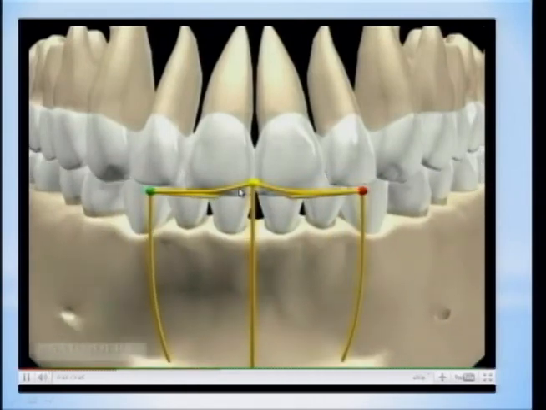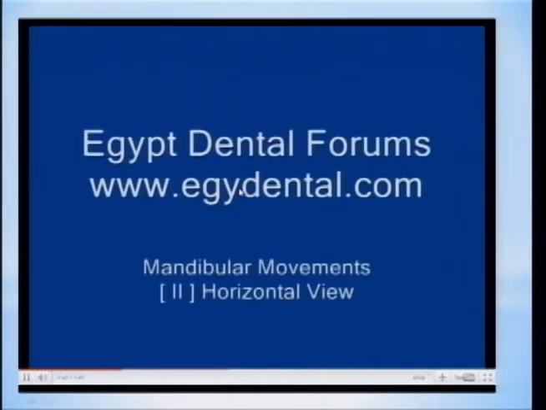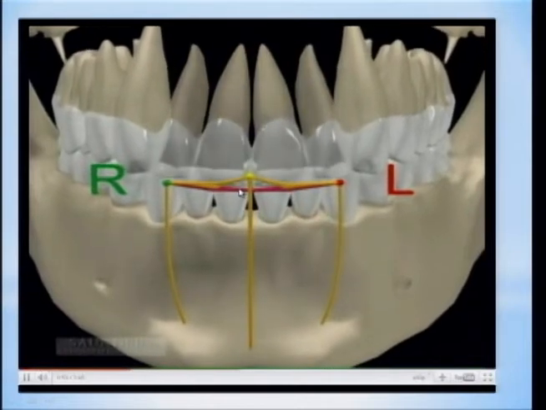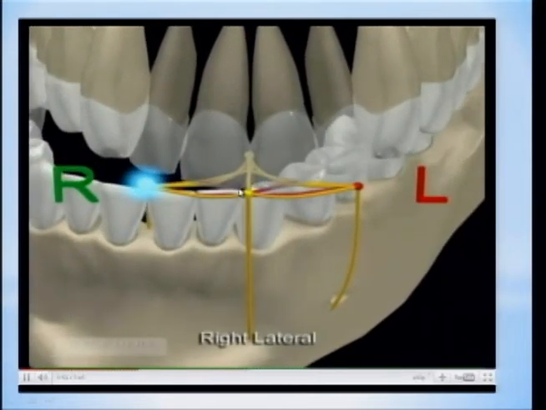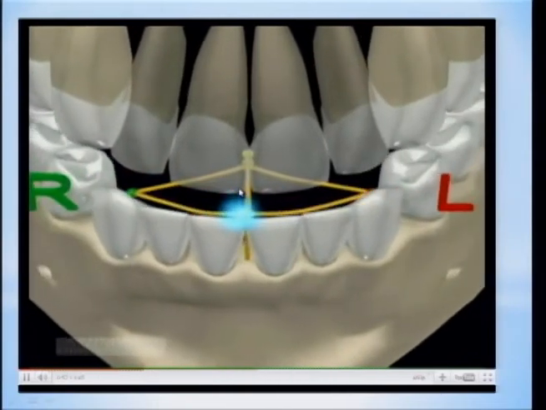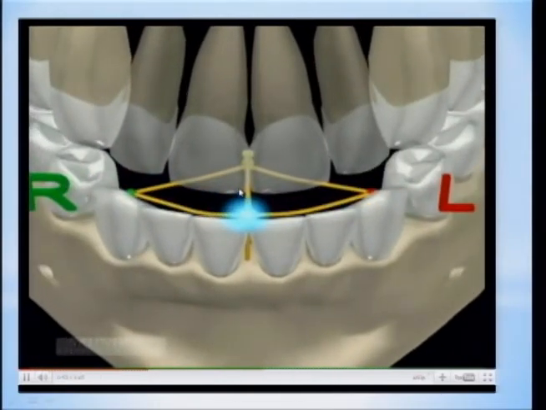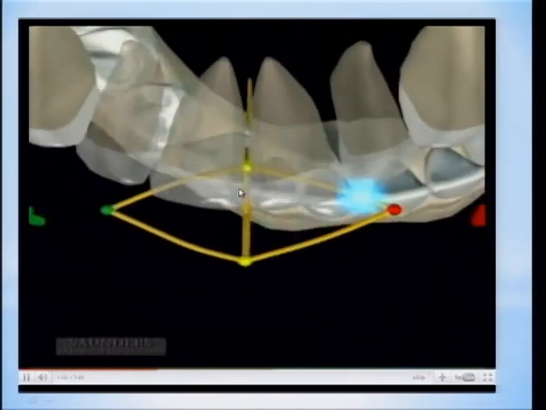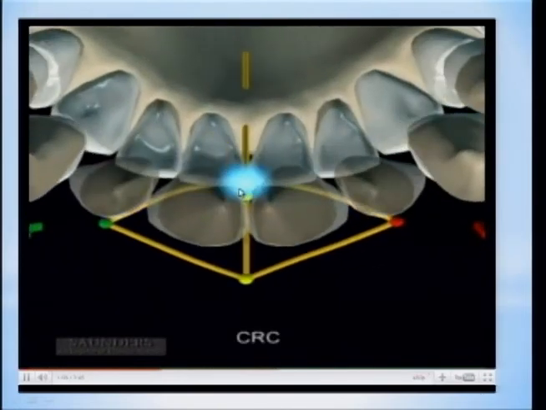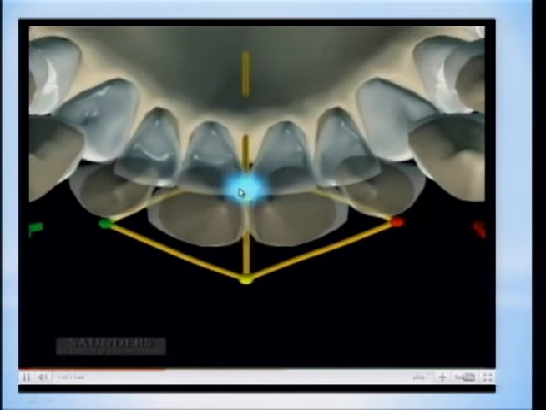Okay, so during all this process, teeth are touching, some are balancing, some are actually putting pressure on the teeth. And if this system is not functioning well, then we have problems with our neuromuscular system. So defining this is very important in dentistry.